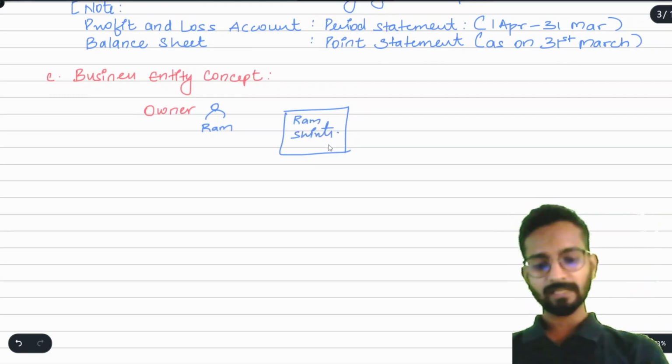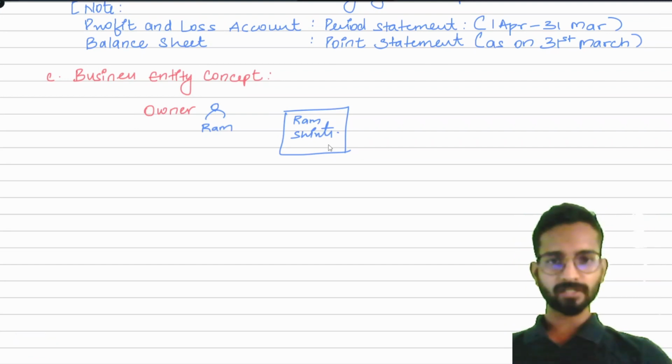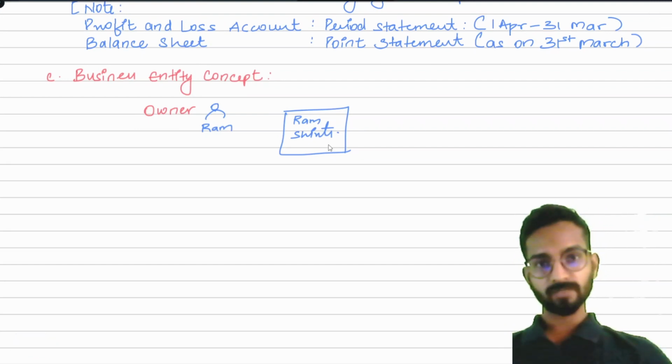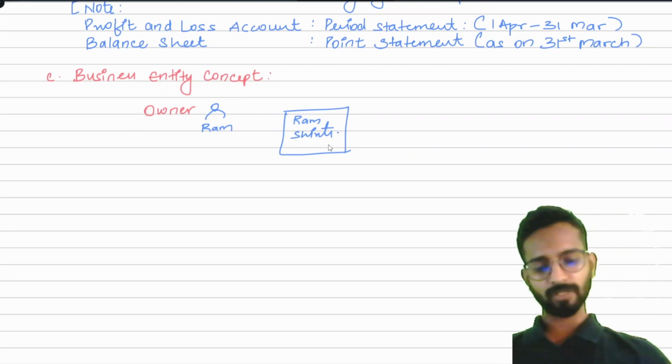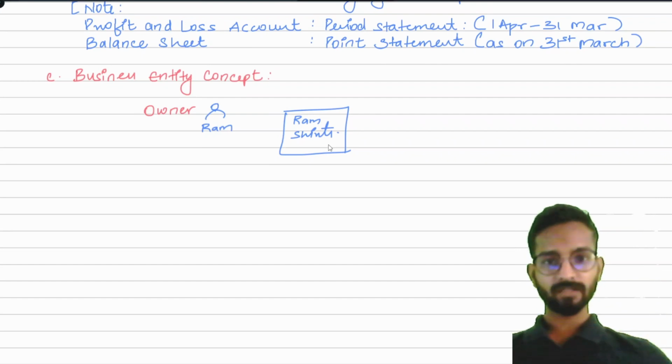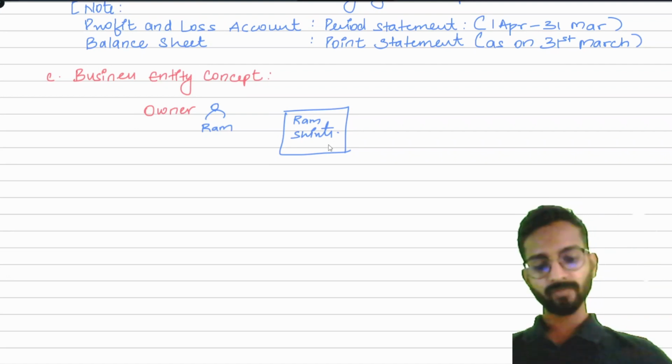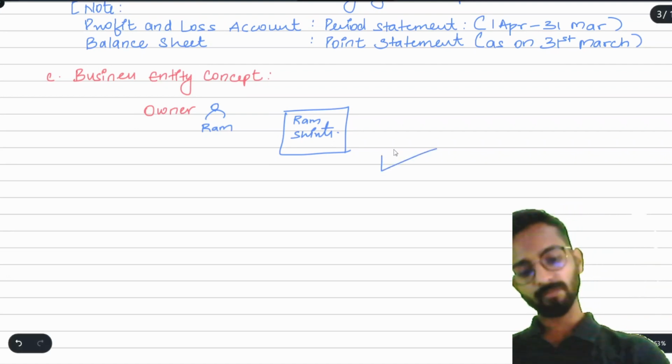Now suppose Ram produces shirts. If he is purchasing raw material, thread, whatever is used for manufacturing shirts, from somebody, he will put the stamp on the purchase bill or the sales bill, everything. That stamp is of Ram Shirts.